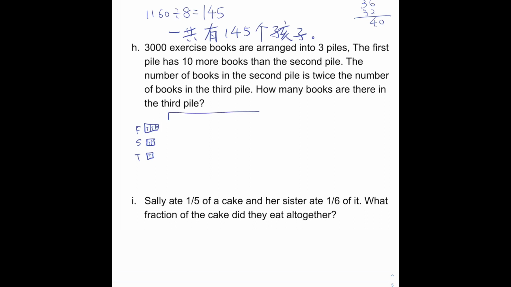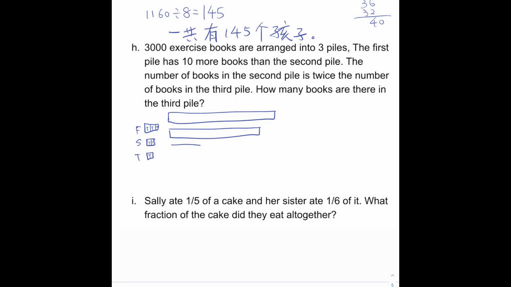So we have first pile, second pile, third pile. No, that is not pretty.